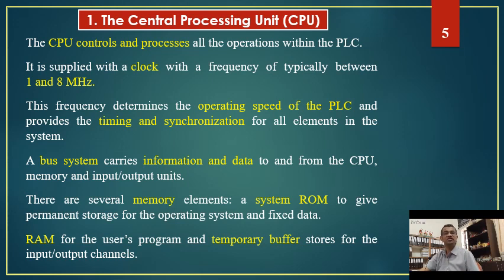So that is why it is often kept in a temporary memory or temporary buffer stores, as it is termed in a PLC. So RAM is for the user program and temporary buffer stores for the input and output channels. So input output channels, whatever things are needed, are always kept in a temporary memory called RAM or random access memory.